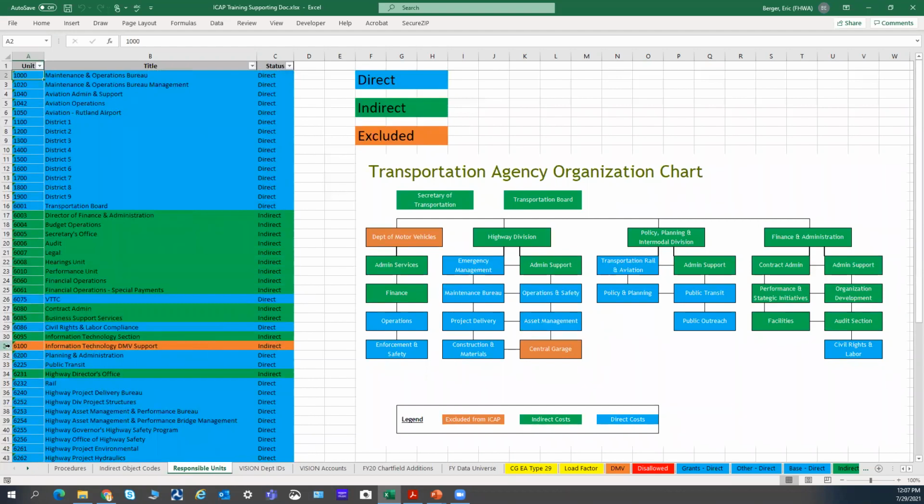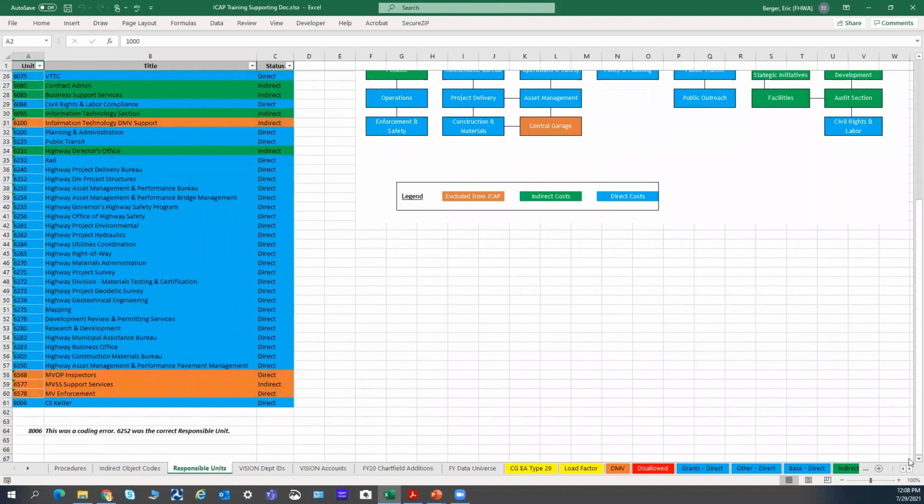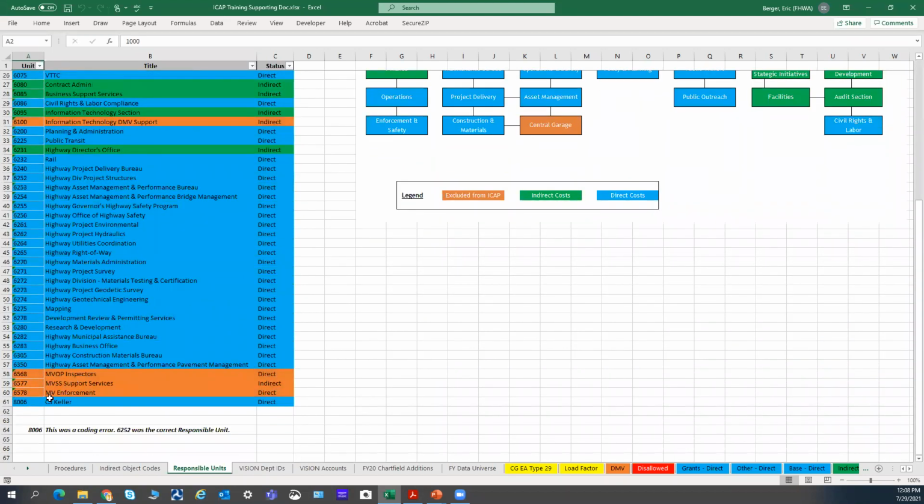So here's your DMV orange, which is the support. That was an indirect, but it didn't matter. It's excluded anyway. Down here, you've got some other excluded, and by the looks of this, I can't exactly tell.